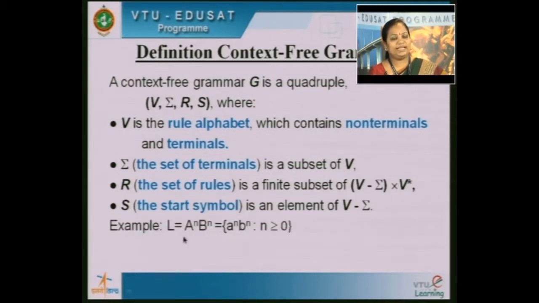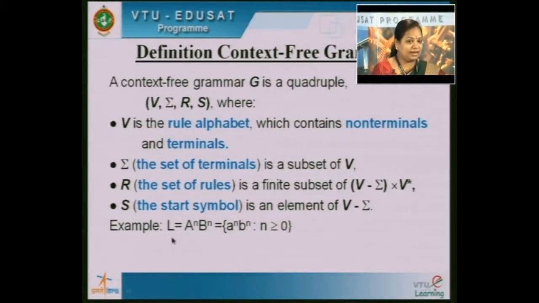So, let us see one example of a context free language. The first and foremost language which we proved is not regular and which is context free is L equals A raised to n, B raised to n, where n is greater than or equal to 0.